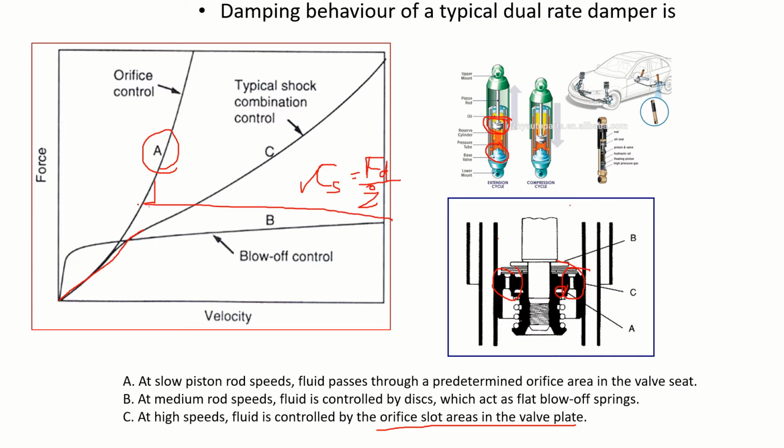At medium speed, you can see it is something this way. Otherwise, the damping coefficient value is working almost linearly with velocity. Okay, that's how it works.